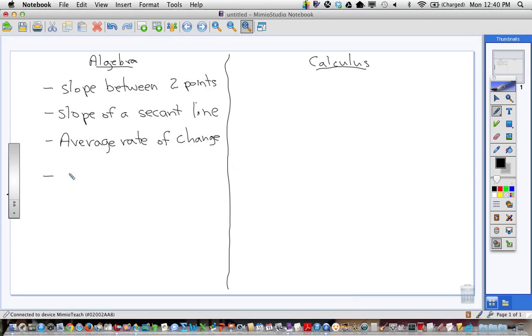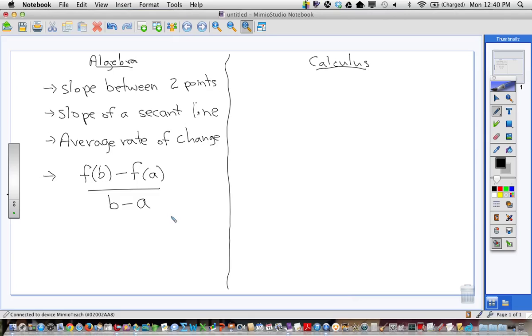And so the formula for that was simply this: f of b minus f of a, all over b minus a. That was my formula. So this is all kind of terminology for doing the slope between 2 points.